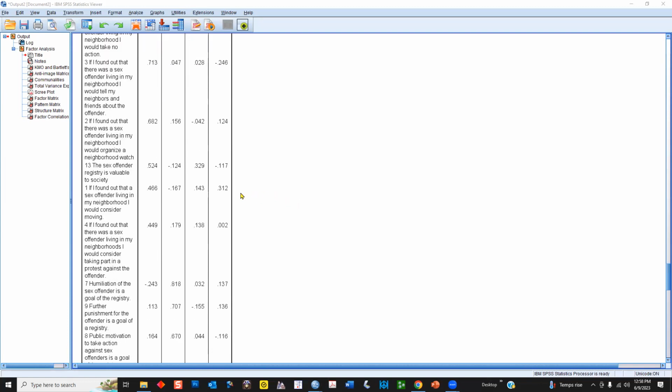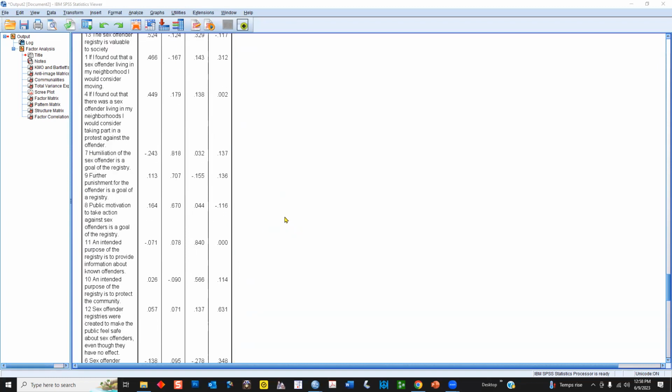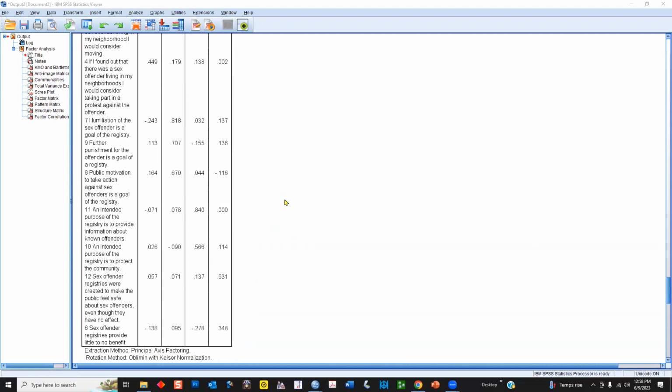So we go down our list and we can see that we've got 1, 2, 3, 4, 5, 6 items loading onto factor 1. Factor 1 is doing most of the work here, it looks like. All of those 6 items load above 0.4, and none of those first 6 items load on any of the other factors. So that's good. That's a nice pattern. For the second factor, I don't like red.